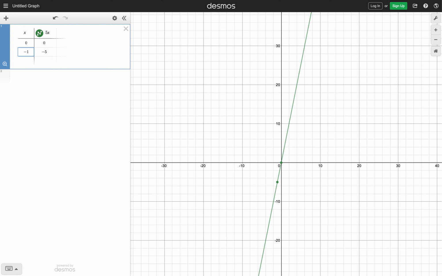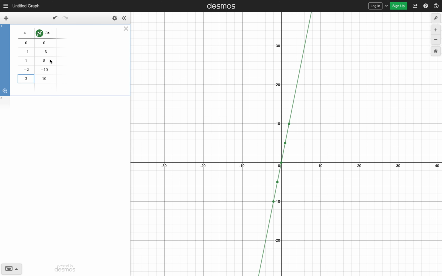We anticipate that once we have x at 1, y is going to be at 5. And we had negative 2, negative 10. If I throw in 2, again, opposite sign inputs lead to opposite sign outputs. So y equals 5x, or h of x equals 5x, is a case of an odd function.